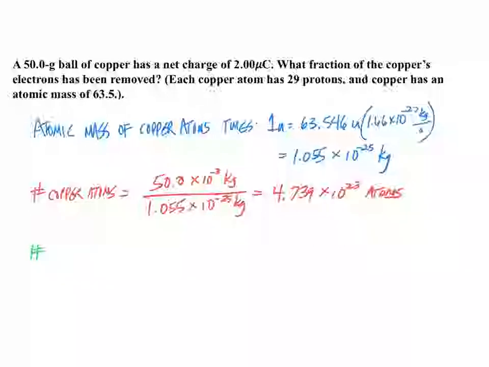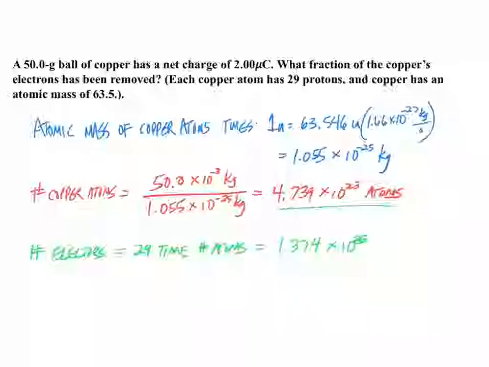The number of electrons, okay, is 29 times the number of atoms. So 29 times this number up here will give you 1.374 times 10 to the 25th electrons.